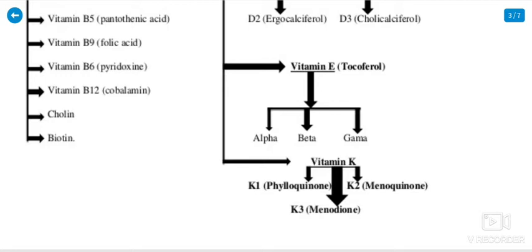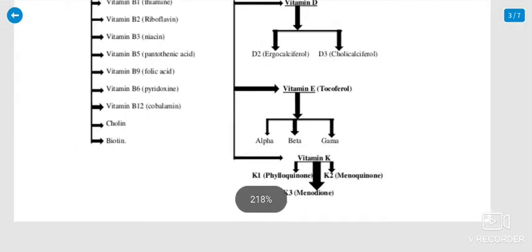K1 is phylloquinone, K2 is menaquinone, and K3 is menadione. So three types of vitamin K are present.